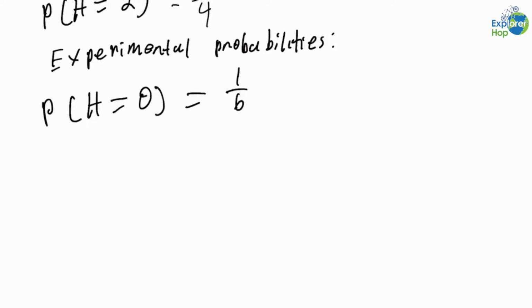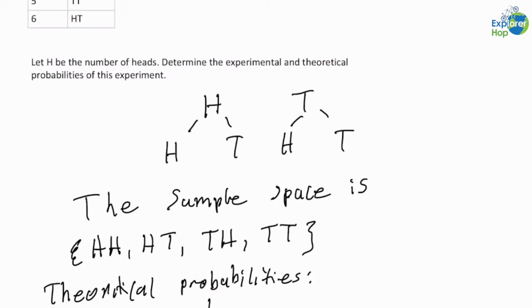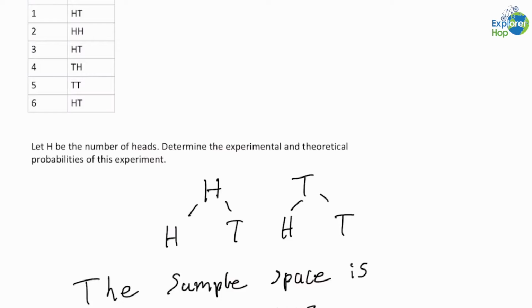Likewise, to find the probability of having 1 head, we take the number of trials where we had 1 head and divide it by the total number of trials. So we see that we had 1 head in trial 1, trial 3, trial 4, and trial 6. So that's 4 outcomes where we had 1 head.